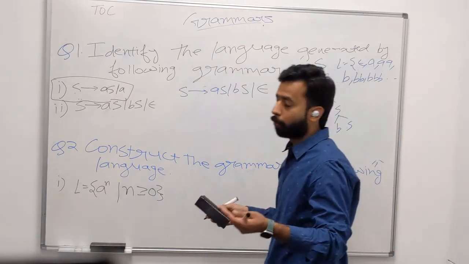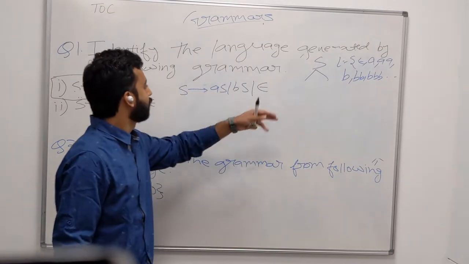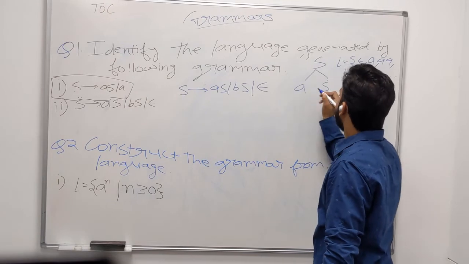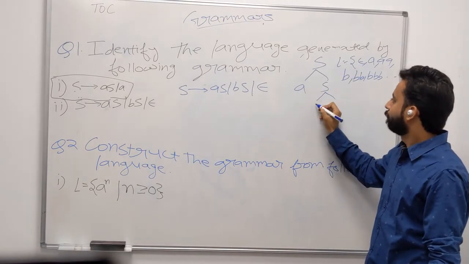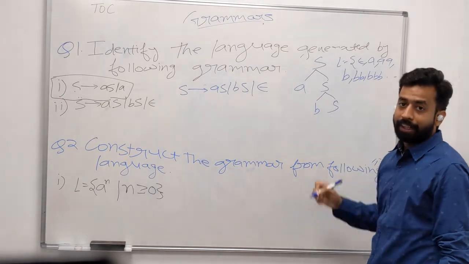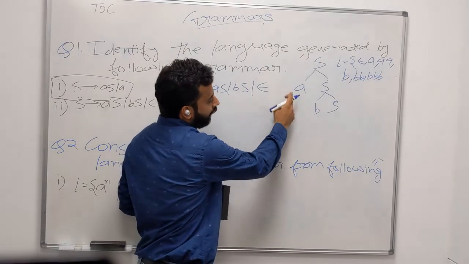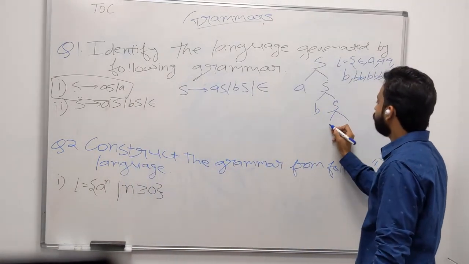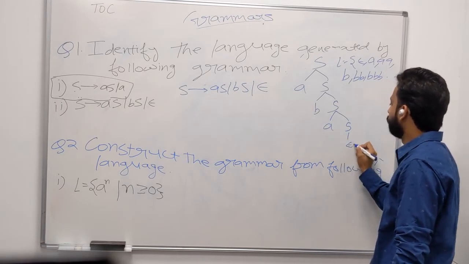Let me try for more combinations. Let us say S is giving AS now. Now if I replace this capital S by BS, I am getting A, then B, then if I say AS, here I can replace this S by epsilon.